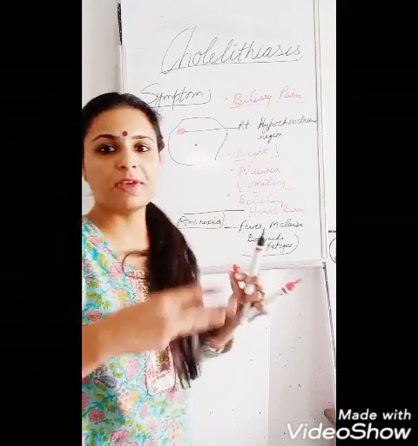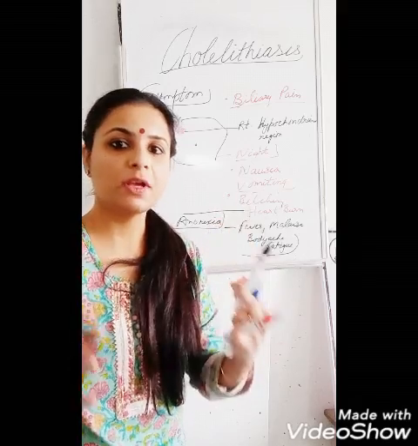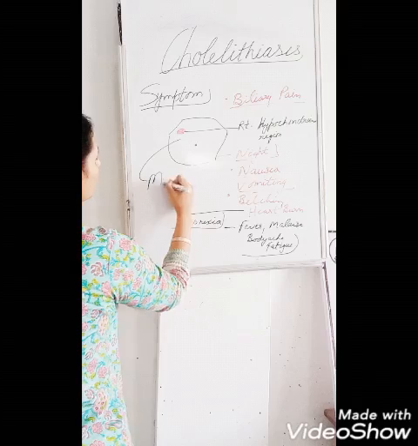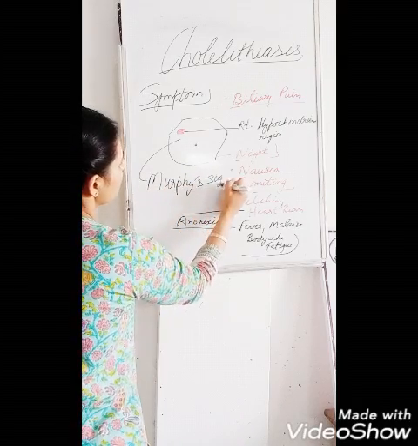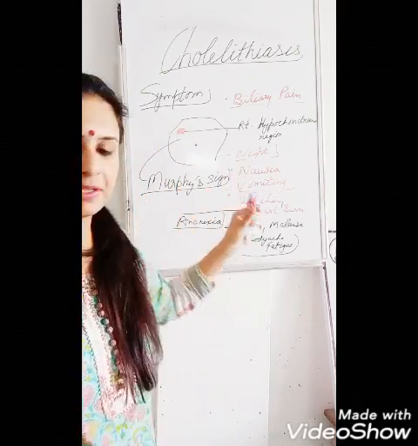So during that phase, when the patient takes a deep breath, he or she will have a severe pain. So that is the confirmatory sign, and that sign is known as Murphy sign. That is the confirmatory sign for the gallstones.